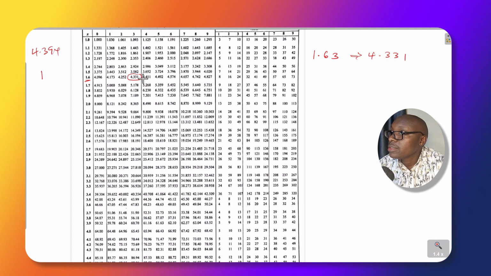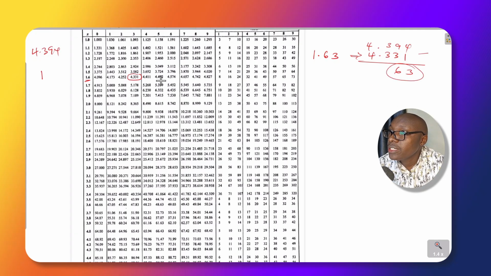That is the closest, because the next one will exceed. We go to 4.411. So after that, now we need to get the difference. What is the difference? The number that we wanted was 4.394. So we get the difference, to see what is remaining. So this is 3, and then this one is 6. So we have a difference of 63.